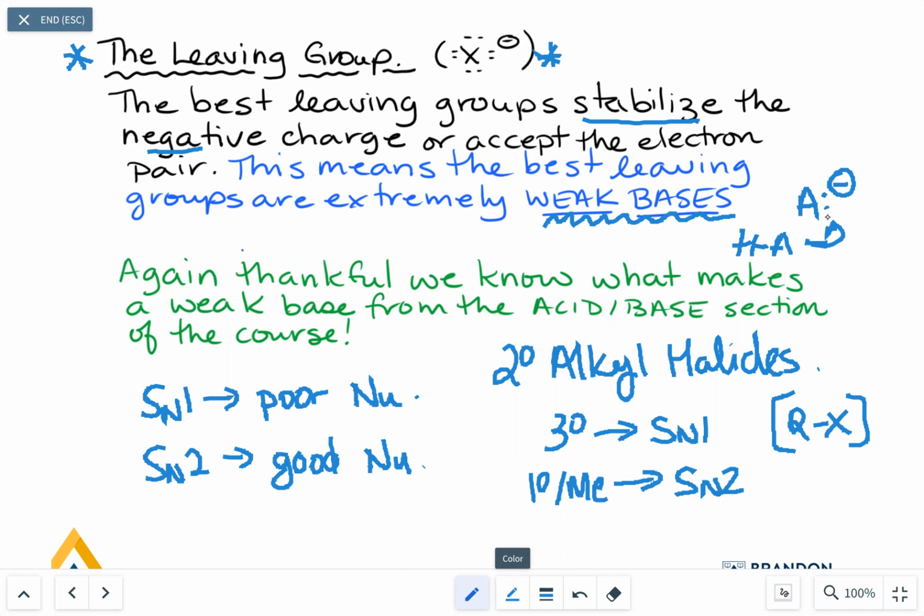If you had a strong acid, that meant the conjugate base was exceedingly weak, and that would be an excellent leaving group. So we will talk about that next.